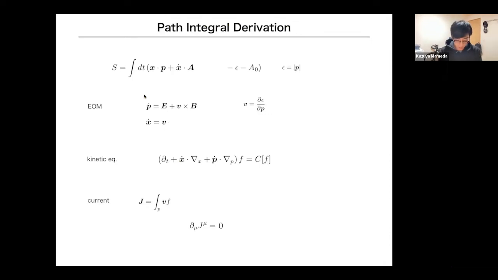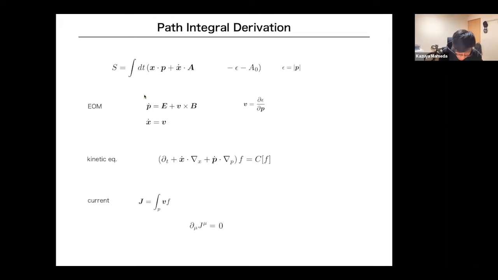The kinetic equation of this system is described by this form. This is just the usual Boltzmann equation. Also, we can calculate the current from this theory.